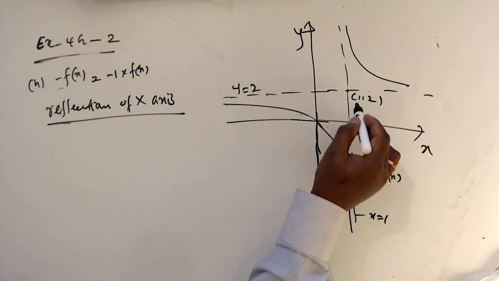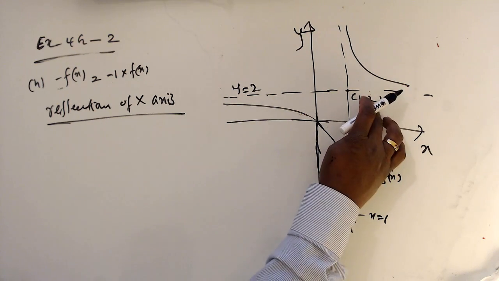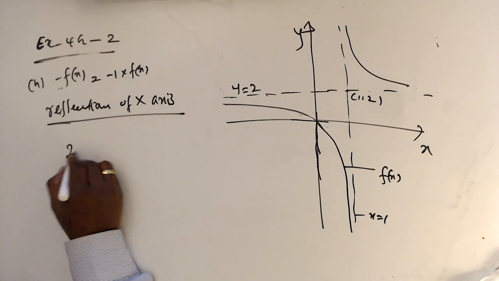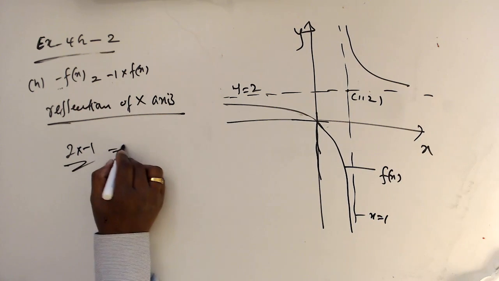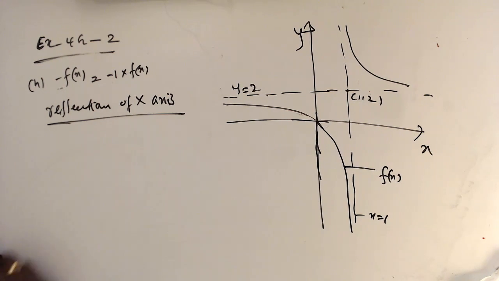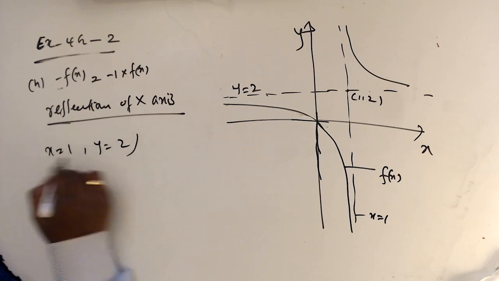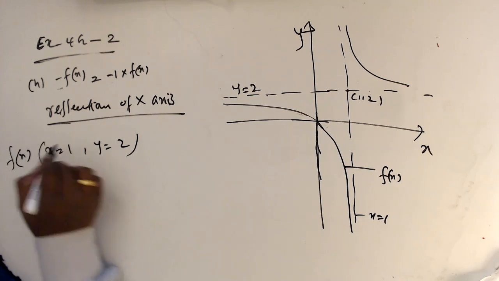When I take 1 and 2, 1 is the x value, so 2 is the only y value. Then 2 multiplied by minus 1 is minus 2. Now x equal 1 and y equal 2 are the asymptotes of f(x).